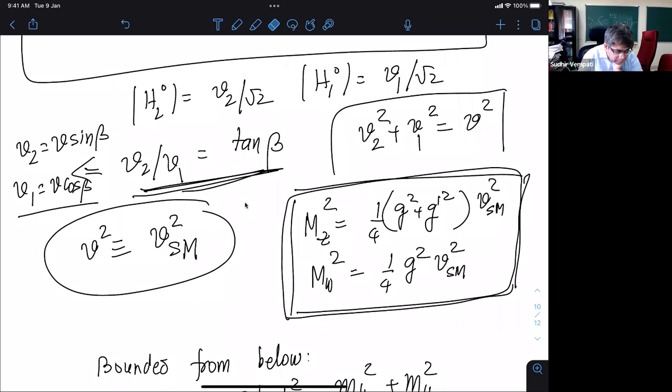Cos beta is equal to 1 by root of 1 plus tan square beta, which goes as 1 by tan beta. What is it? I forgot my trigonometry.